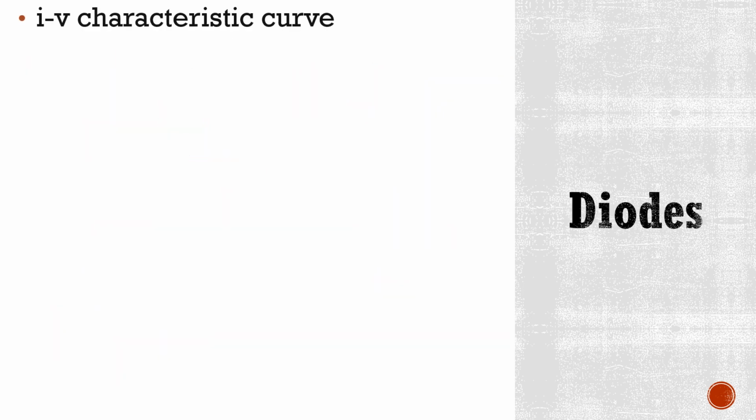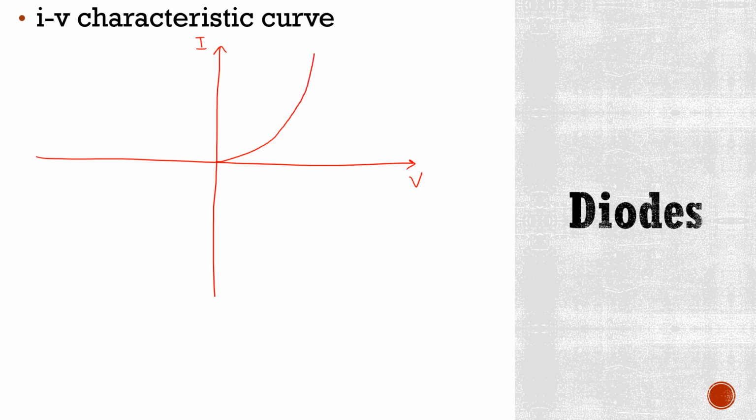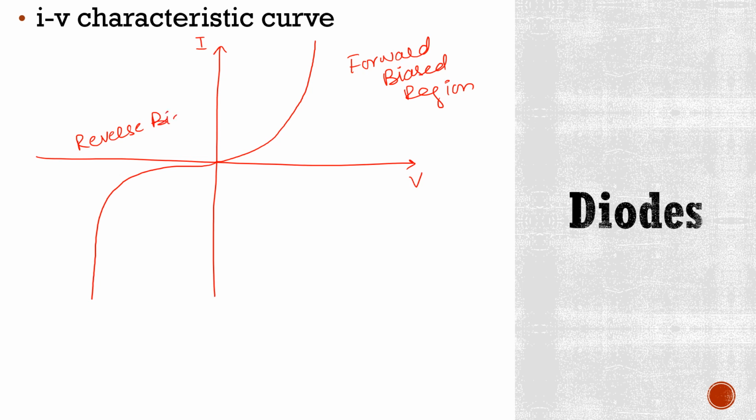Now if you remember the current voltage characteristic curve of real diodes, it was like this, where the x-axis was voltage and the y-axis was current, and here we had this curve in the forward biased region, and here we had a curve like this, and this region is the reverse biased region, and this is the breakdown region.